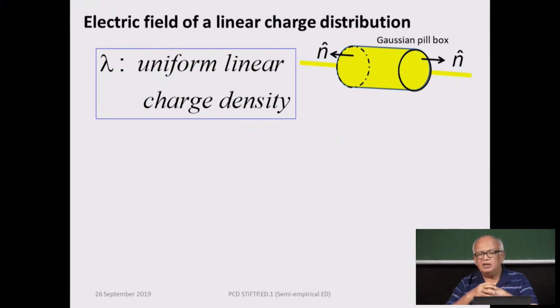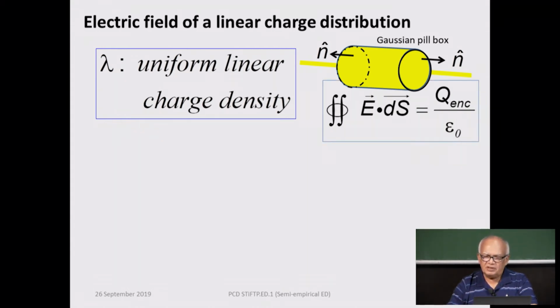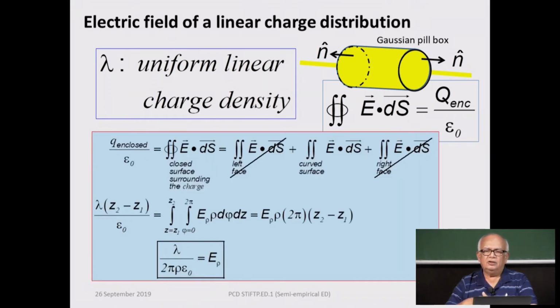So, you construct a symmetric Gaussian surface. That will obviously be a cylinder around this linear charge distribution, and then you evaluate the Gaussian surface integral E dot ds. The closed surface is now the two flat faces of the cylinder and then the curved face.